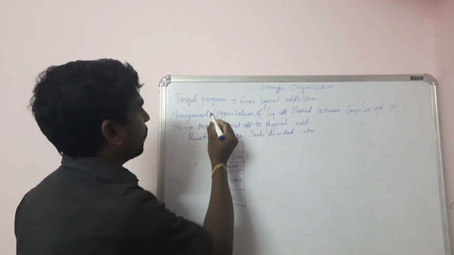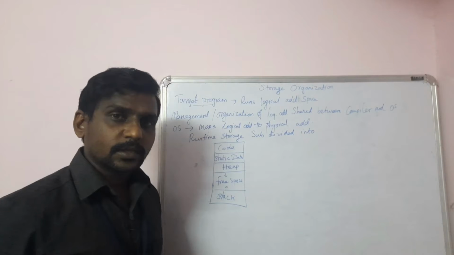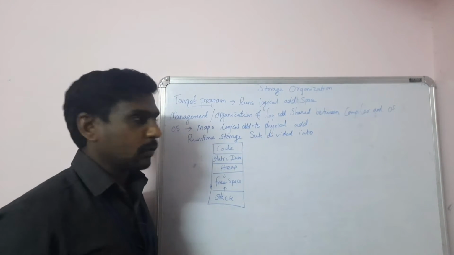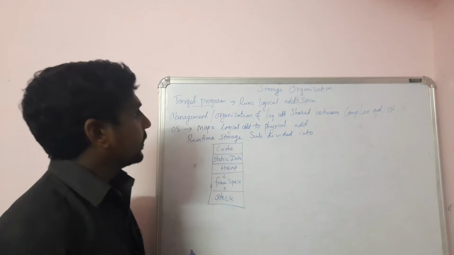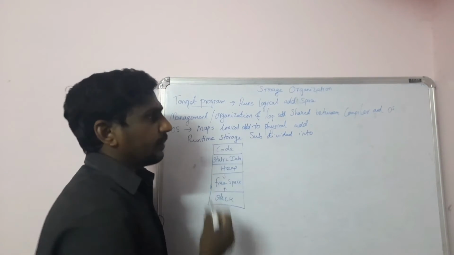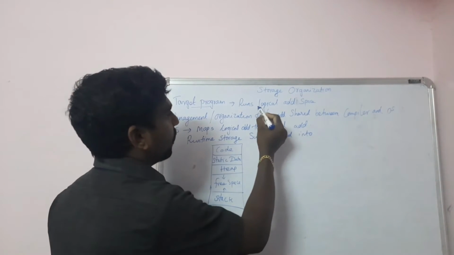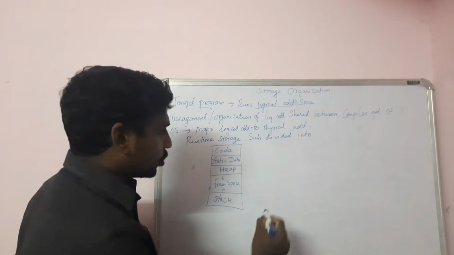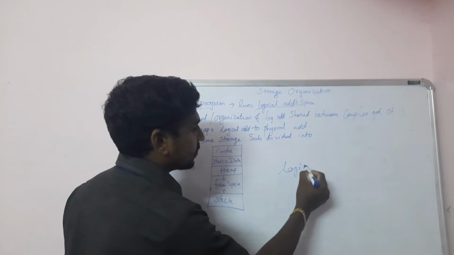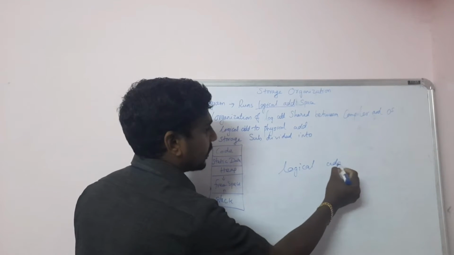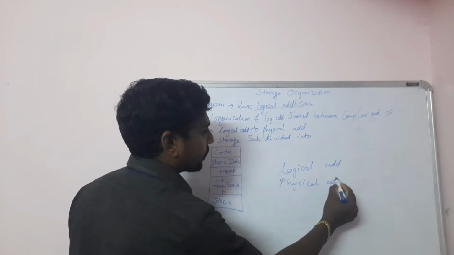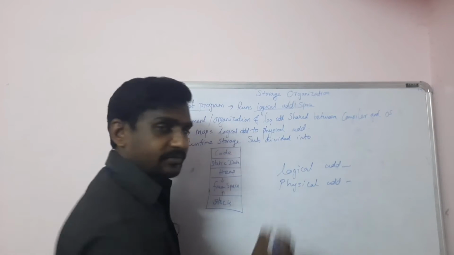So first, we know about the target program. Clear? What is target program? That is our executable program. The target program runs through its own logical address space. There are two addresses, logical address and physical address. What is logical address and what is physical address?